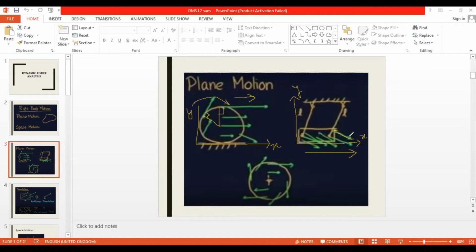So this is what is called plane motion. Here it's again a complete rotational motion. All the particles at the edge would have a motion tangential to the circumference. This motion also we can define with the help of two axes, the x-axis and y-axis. So this is what is called plane motion.